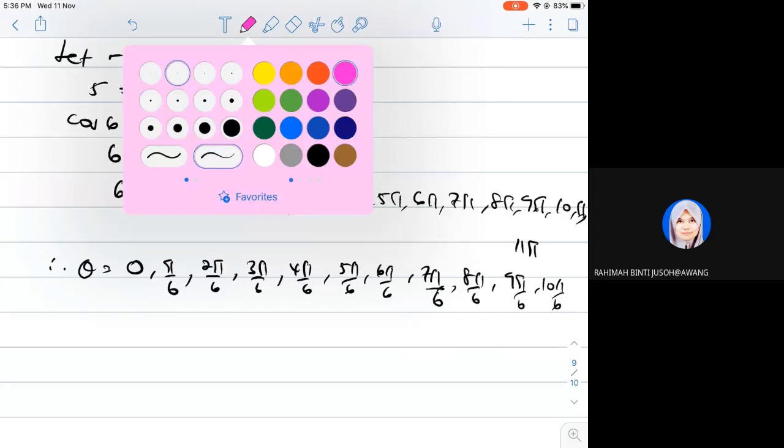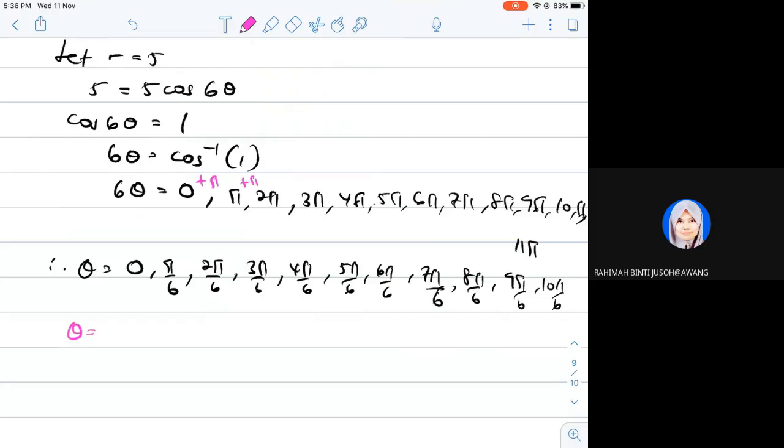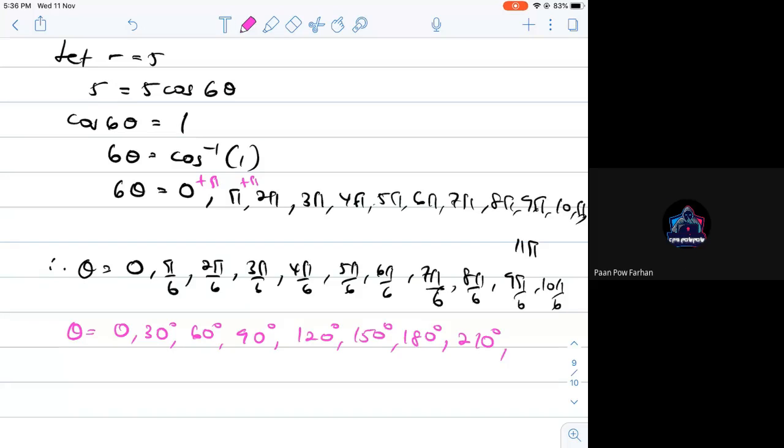Okay, let's write them in degrees instead. This is 0. Pi over 6 is 30 degrees. 2 pi over 6, pi over 3, should be 60 degrees, right? Pi over 2 should be 90 degrees. And then you will get plus 30 degrees, 120 degrees, 150 degrees, 180 degrees, 7 pi over 6 is 210 degrees.